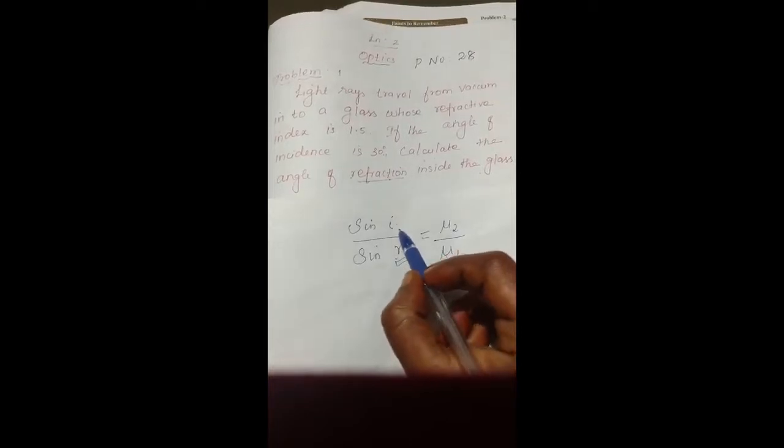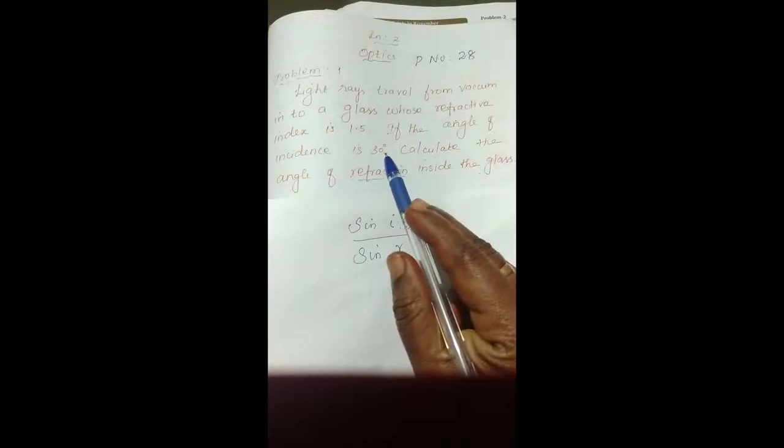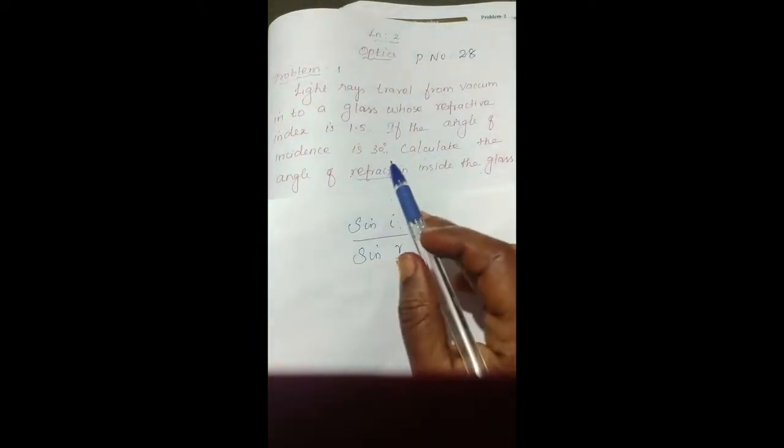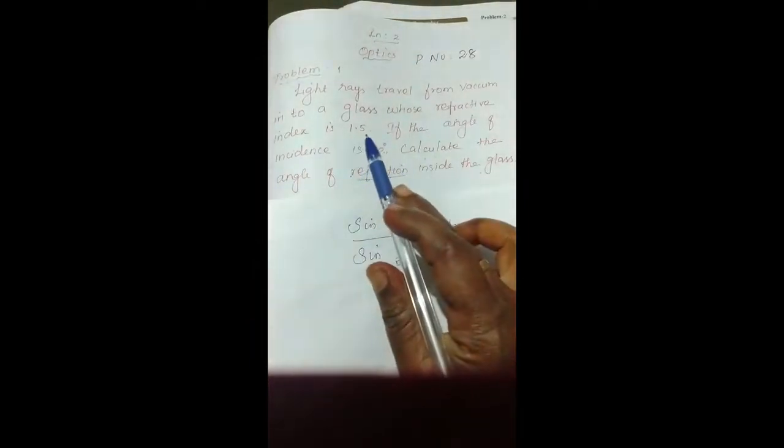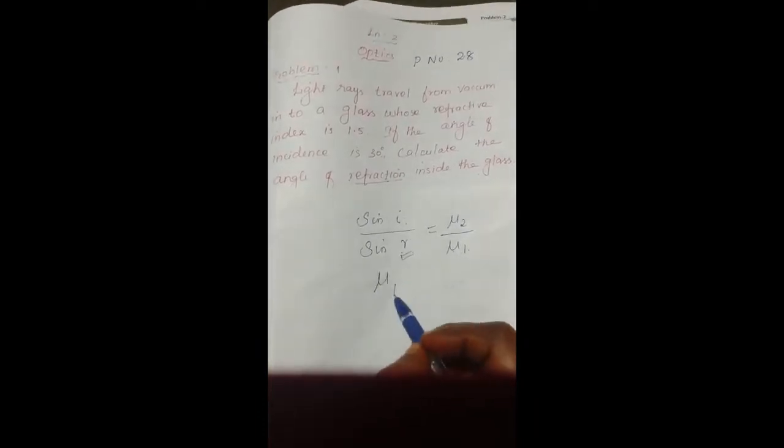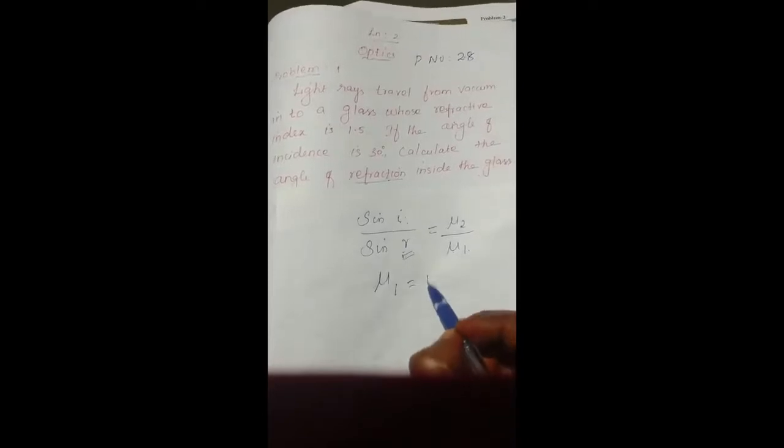So the angle of incidence i value is given. How much? 30 degree. And the refractive index they gave is 1.5. But we know there are two values, mu 2 by mu 1. So what is mu 1 and what is mu 2? See, mu 1 represents the refractive index of air, so the value of mu 1 is equal to 1.